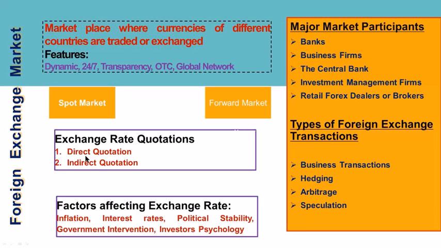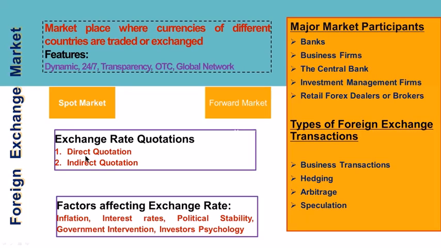The most familiar one which we often use is US dollar to Indian rupee. What you have to understand here is that in direct quotation, the foreign currency is the base currency and the domestic currency is expressed in terms of it. US dollar is a foreign currency to us, Indian rupee is the domestic currency.